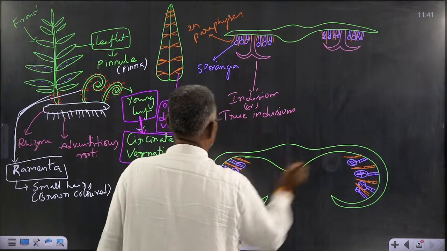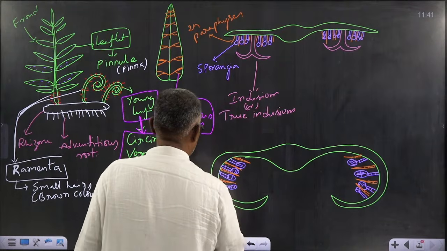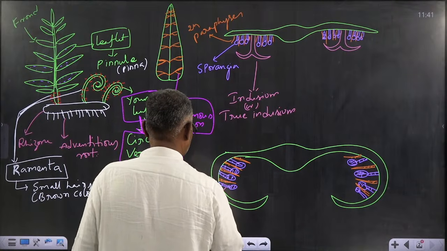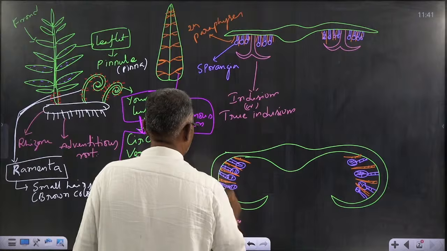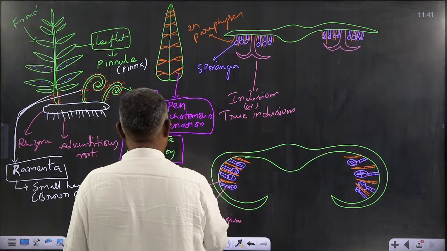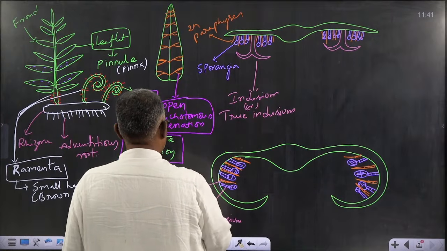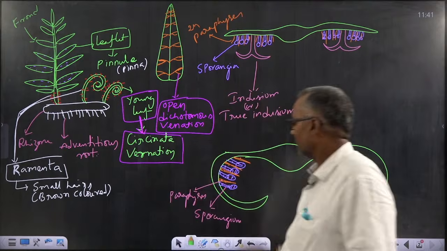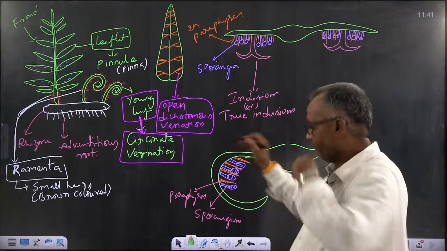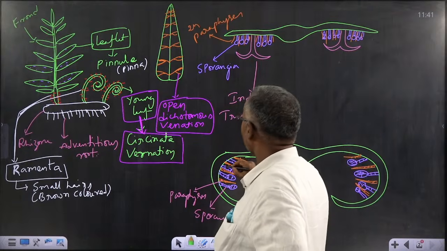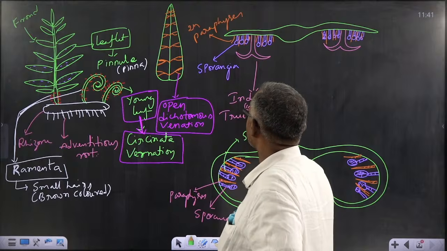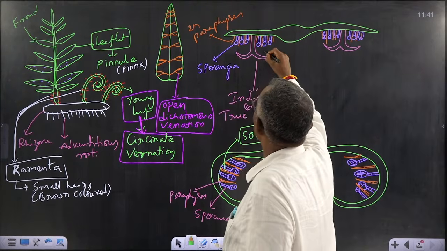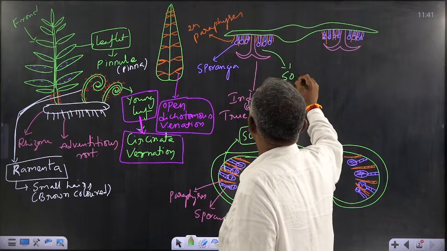Now, so this is a sporangium, and these are paraphyses. Now see the difference. Here, this total group of sporangia is called a sorus. What is it called? Sorus. Now this total group is called a sorus.